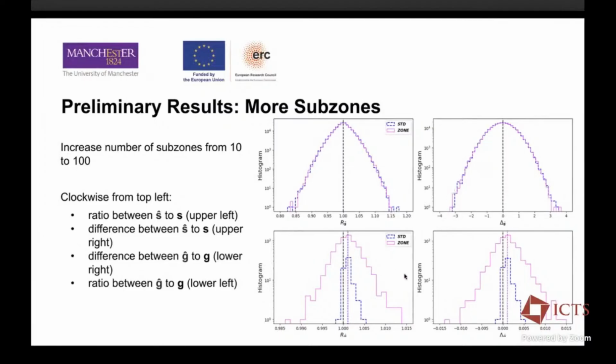As for the gains down here, although the distribution of the estimated signal looks a bit more normal, their mean is actually similar. Here I've plotted the mean for the more zones versus standard, and they line up almost perfectly. So there is no difference if you increase the number of zones.